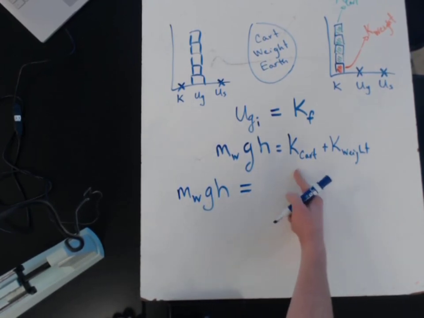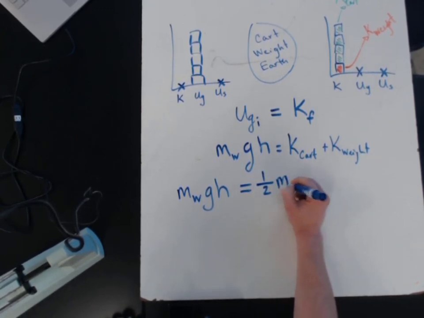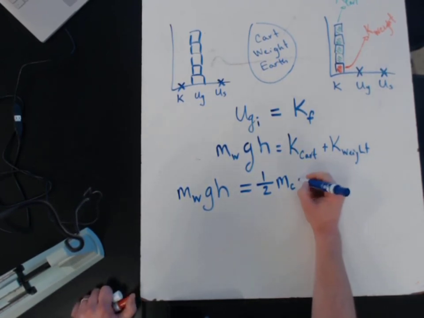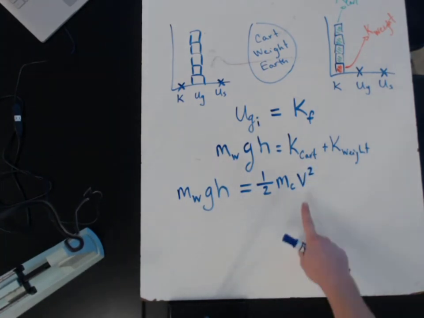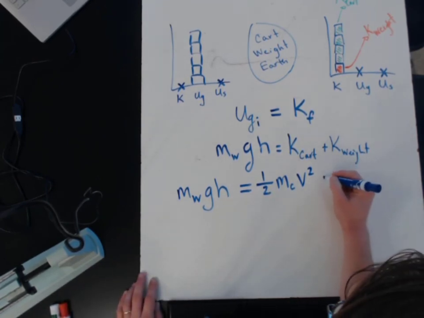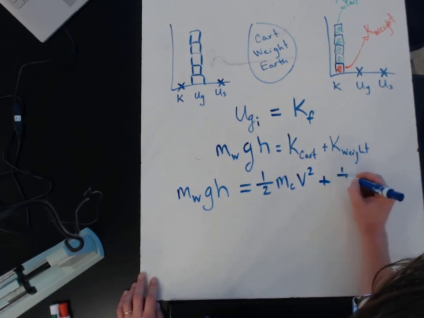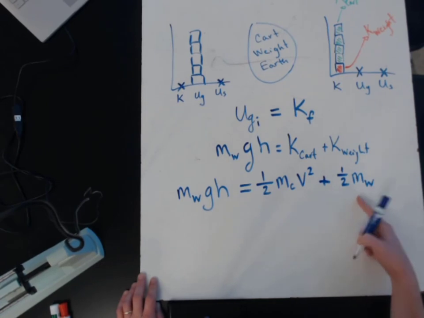Kinetic energy of my cart, remember kinetic is 1/2 mv squared, but I'm going to call it mc, the mass of my cart. Remember we took two different mass readings. Multiplied by the velocity squared. We have to remember our velocity of our cart is going to be the same as the velocity of our weight because they're connected. Plus, now I need the kinetic energy of my weight, 1/2 times the mass of my weight, mw, times the velocity squared.